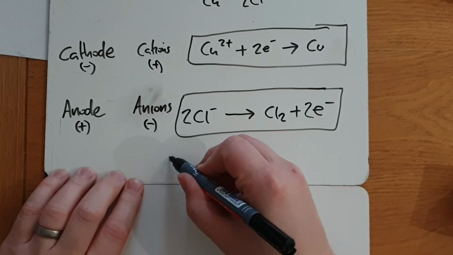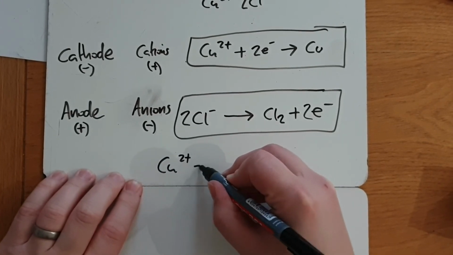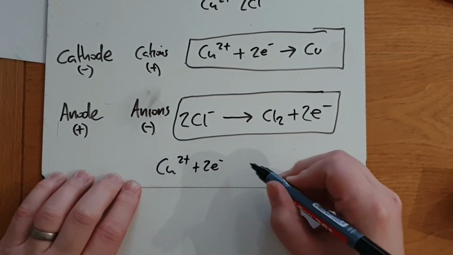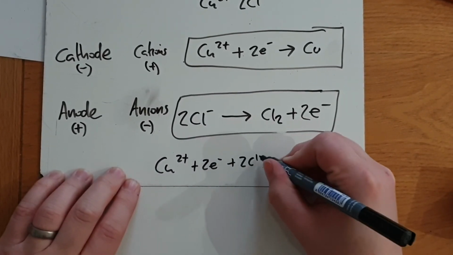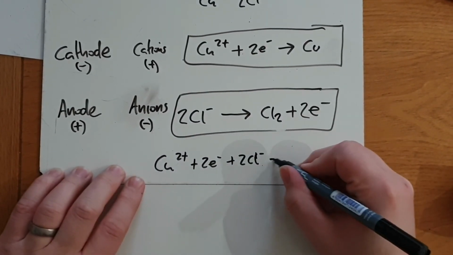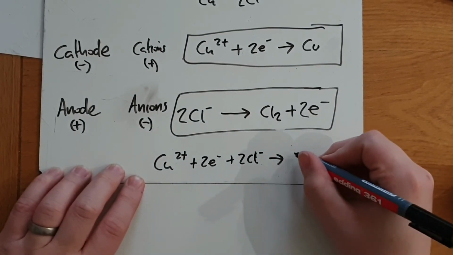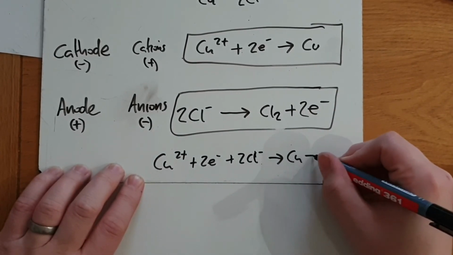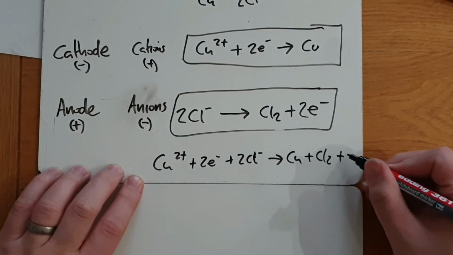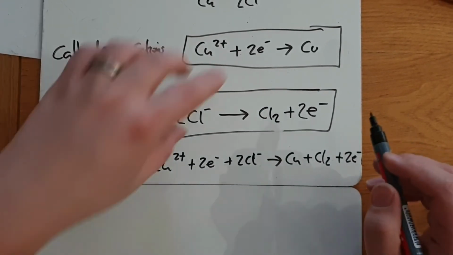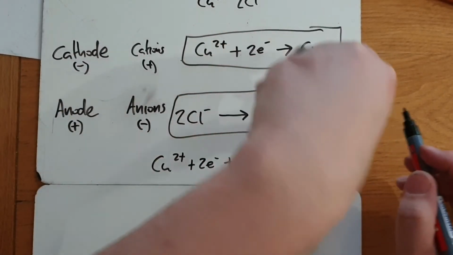So I'm going to end up with Cu2+ plus 2e-, plus 2 lots of Cl-, and then the right-hand side: Cu plus Cl2 plus 2e-.